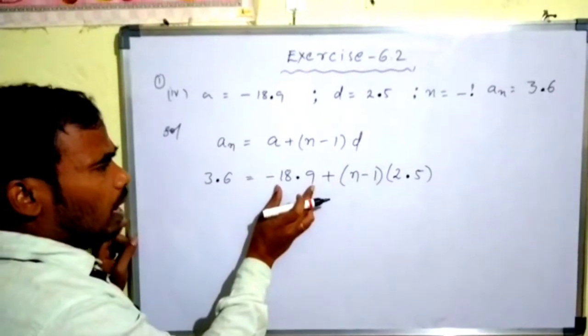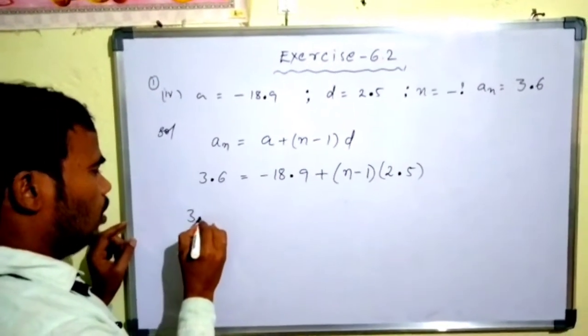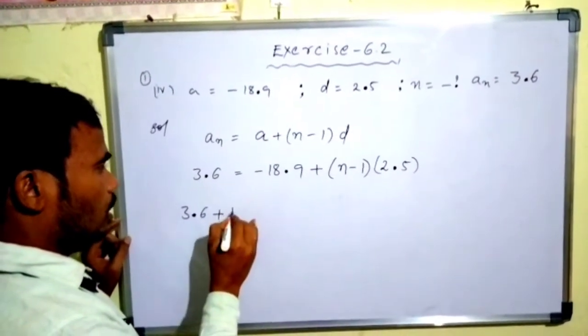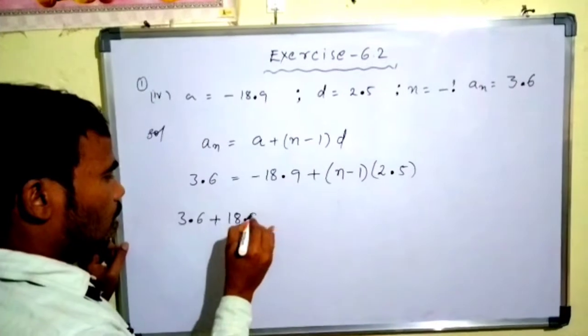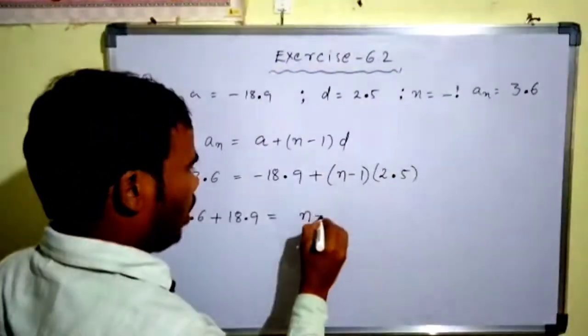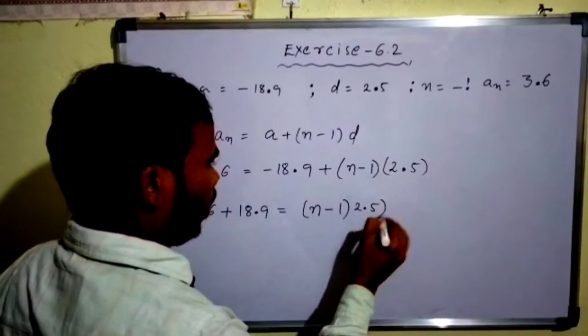Now here a is minus 18.9, so transpose to the left side, we get 3.6 plus 18.9. Leave it. What is remaining? n minus 1 of 2.5.